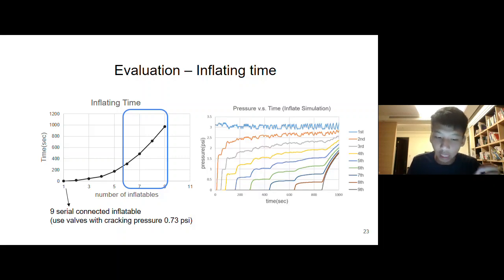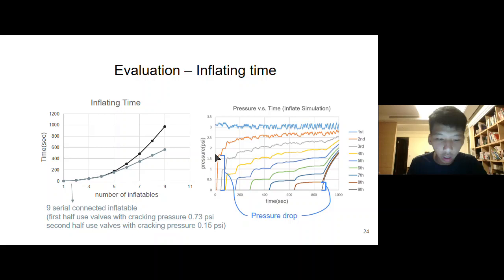We found that the last half needs more time to be inflated. So we changed the last half valves to ones with a smaller cracking pressure to accelerate the inflation. Finally, we conduct an experiment to verify the simulation result, which matches our expectation.